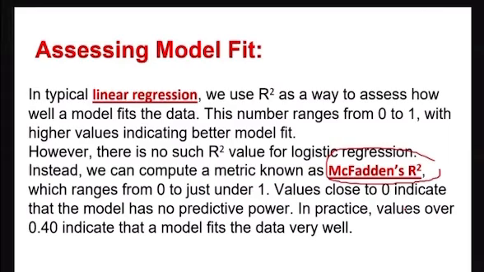A value close to 0 indicates that the model has no predictive power. In practice, we expect values to be over 0.4 to indicate that the model you have fitted commensurately depicts reality in the data set. Does that make sense? Okay. Now, how do we find that?